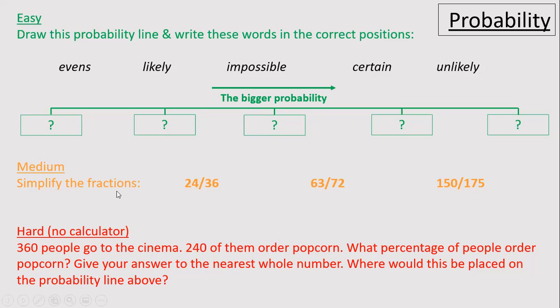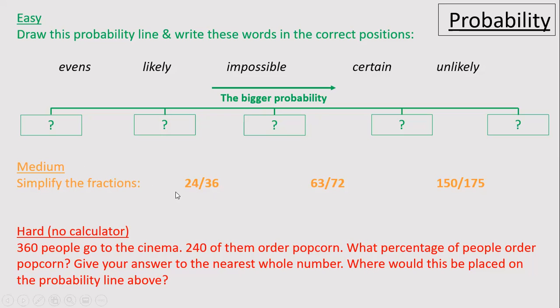Okay, next going on to more level 1 work here. So we've got simplifying fractions in the medium section. We've got 24 over 36, 63 over 72, or 150 over 175. I'd like you to give a go at simplifying these.